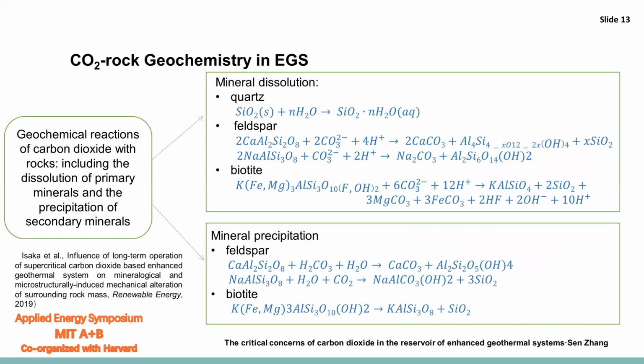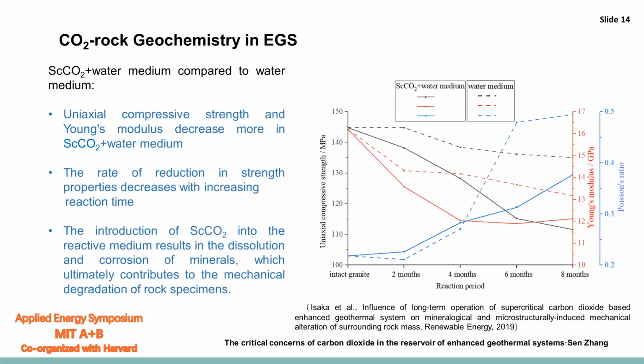So the CO2, water, and rocks are going to have some chemical reactions. These are the geochemical reactions of carbon dioxide with rocks, including the dissolution of primary minerals and the precipitation of secondary minerals. Those are the chemical reaction equations.